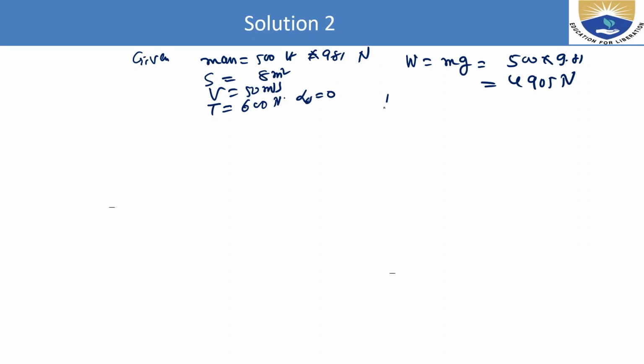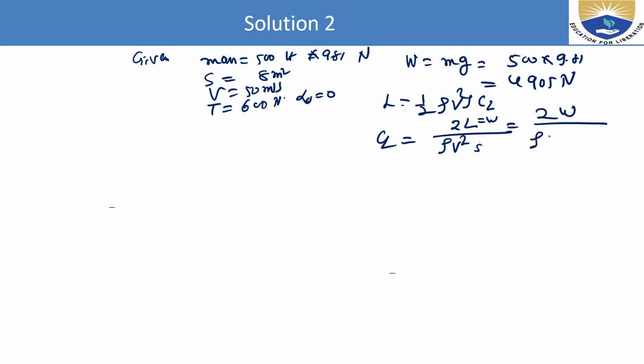And we know L is equal to half rho V square S CL. So CL is equal to 2L divided by rho V square S, and L is equal to W. So 2W divided by rho V square S: 2 into 4905 divided by 1.225 into 50 square into 8. You will get CL 0.4.